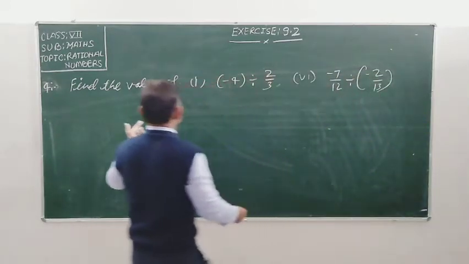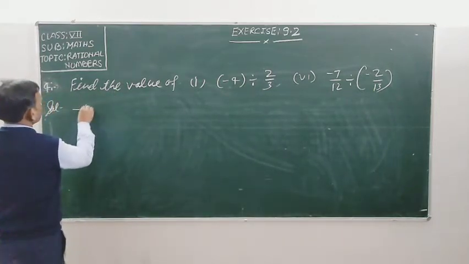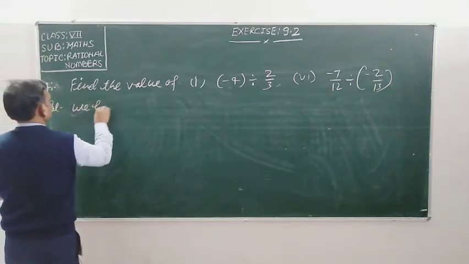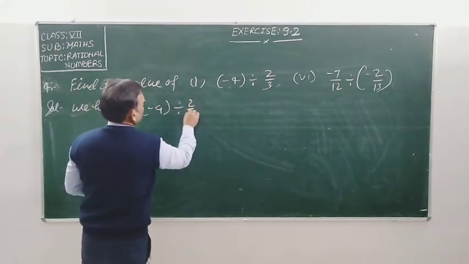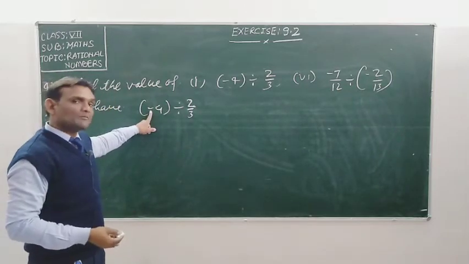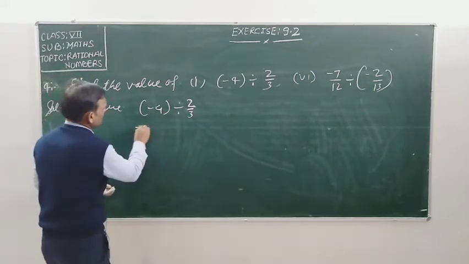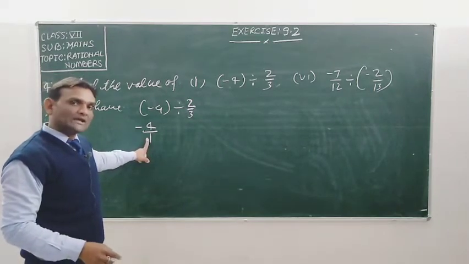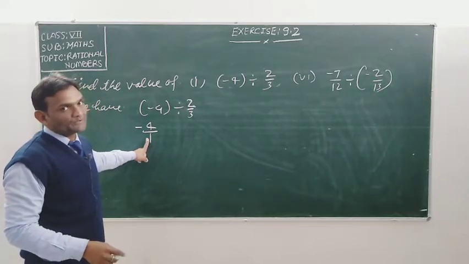So student, I am going to solve this question. We have minus 4 divided by 2 upon 3. This minus 4 you can write in the form of P upon Q, as a rational number, minus 4 upon 1, by writing 1 as the denominator. We can write any integers, any whole numbers in the form of P upon Q as rational numbers.